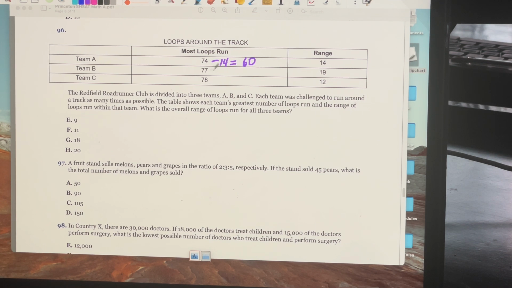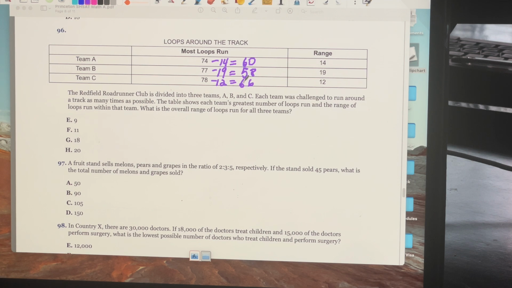Likewise for B, if 77 was the most that they ran and 19 is the range, 77 minus 19 gives you that the least that they ran was 58. Then 78 minus 12 gives us 66.